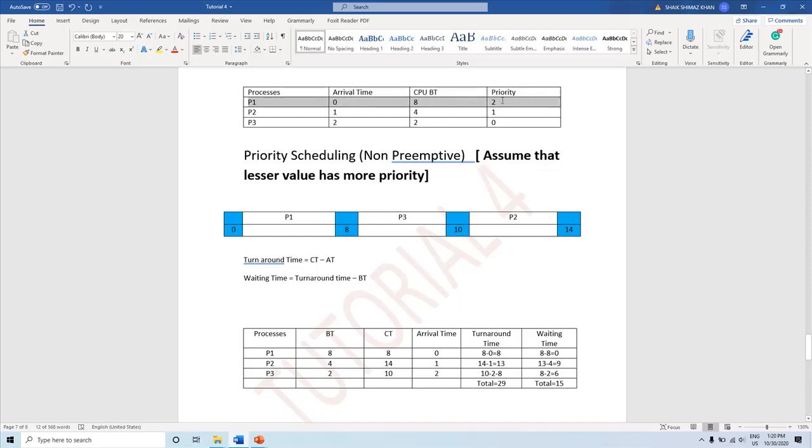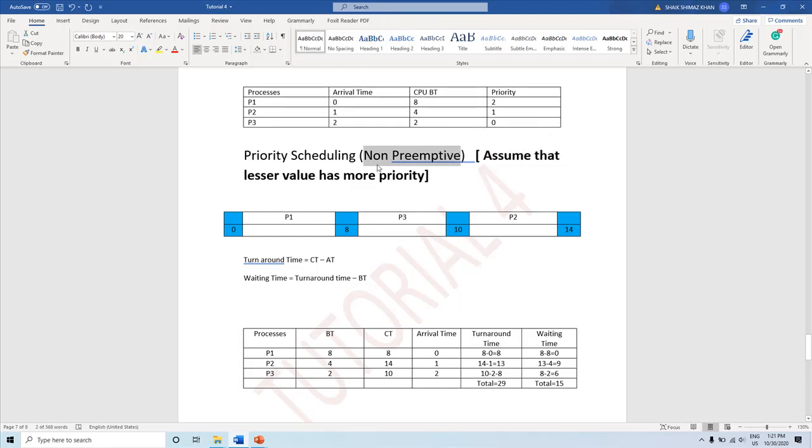So there is no possibility for this algorithm to compare this process with any other process, because this is the only process existing at time 0. So the scheduler selects the P1 first. Why? Because no other process available. So there is no way to compare the priorities of the processes. So P1 get the chance first, and let us say this is non-preemptive.